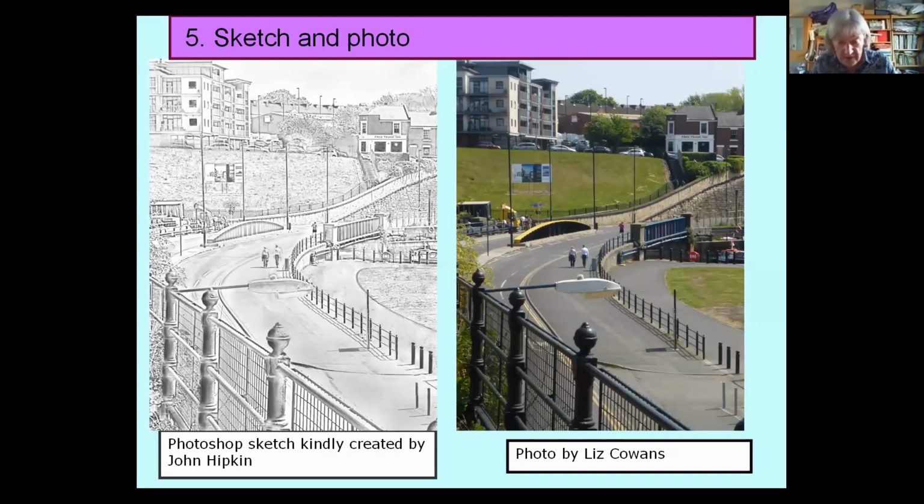I took the photograph, this is the mouth of the river, and then because Photoshop just escaped me, on the left-hand side, I had to talk to John Hipkin, who very kindly did me a Photoshop outline. That's using technology. You could do it yourself, of course, and then annotate it, whatever you feel happiest doing.